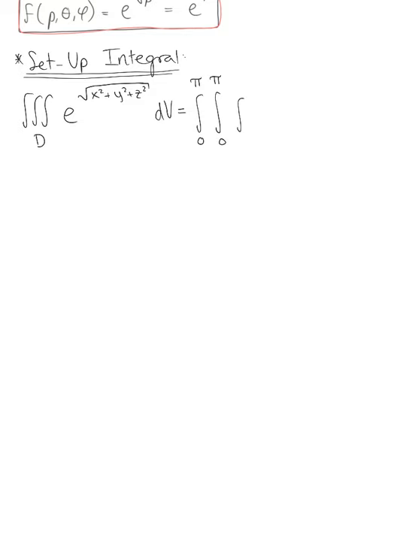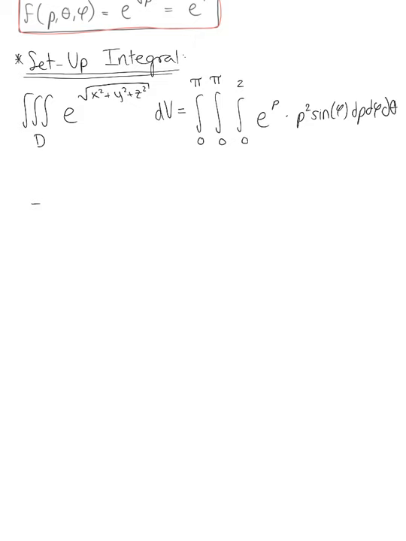And the inner integral was rho, which was 0 to 2. Then I have the natural exponential raised to the rho. And then don't forget that we have the differential rho squared times sine of phi, d rho, d phi, d theta. And so notice here with this triple integral, we have constant bounds.